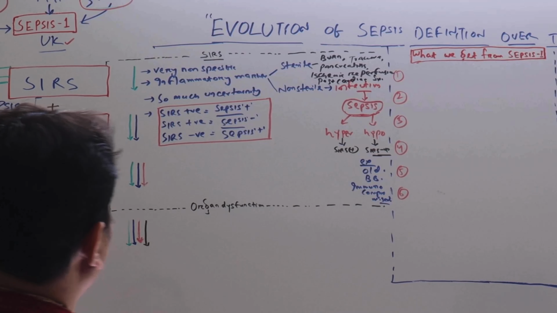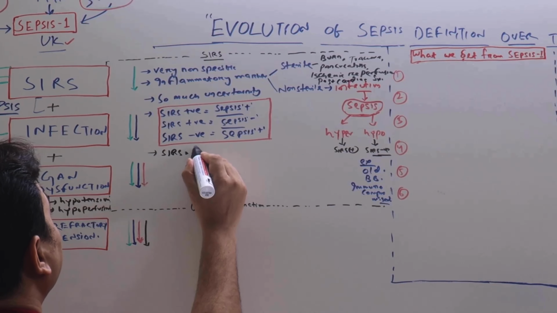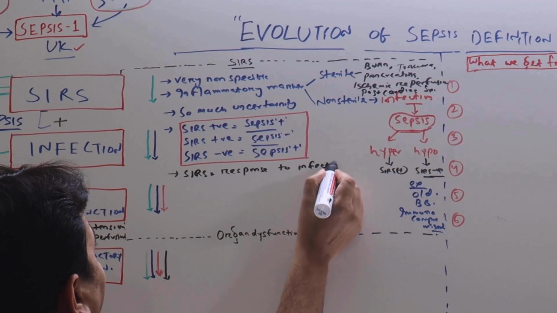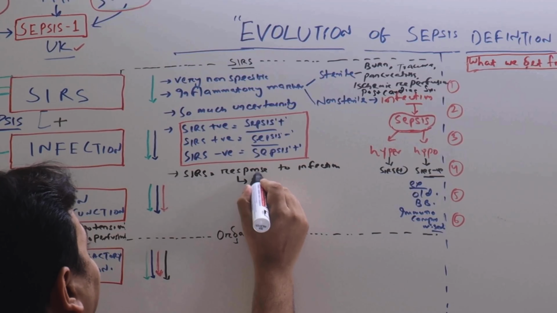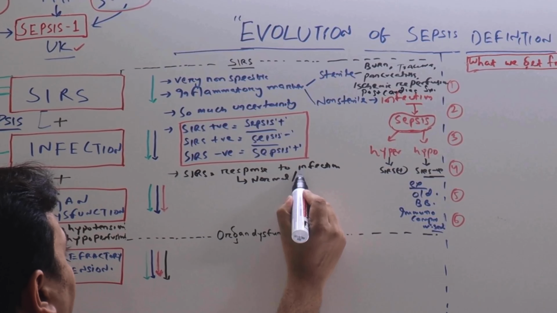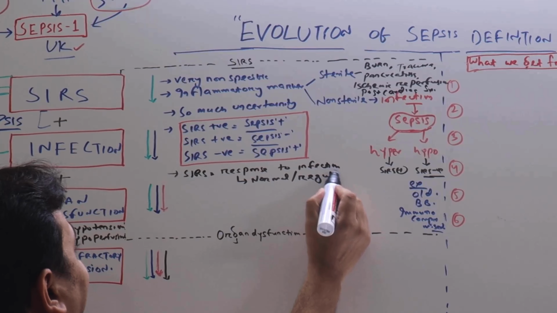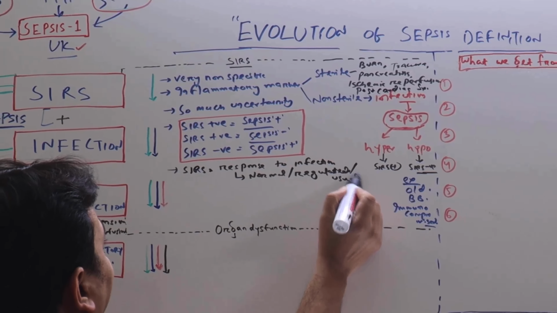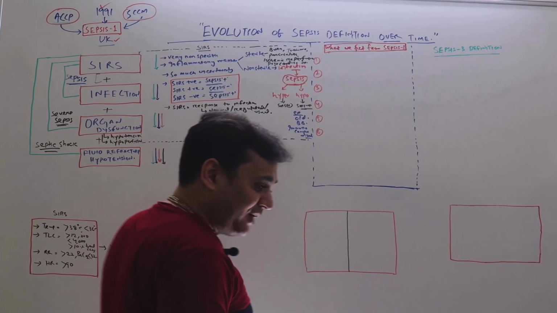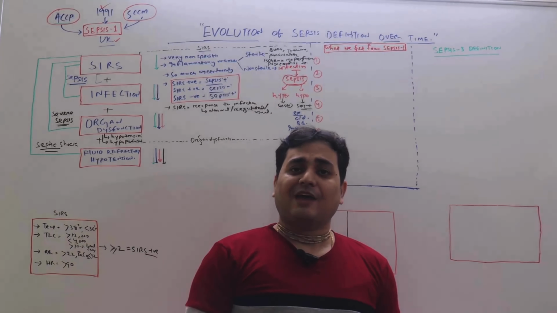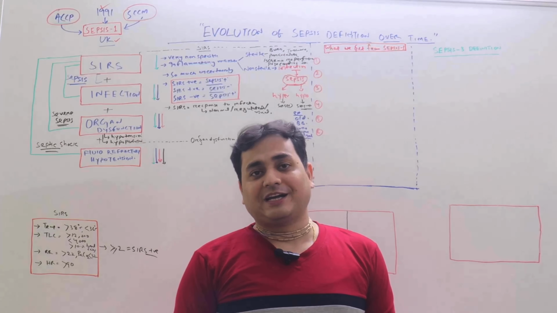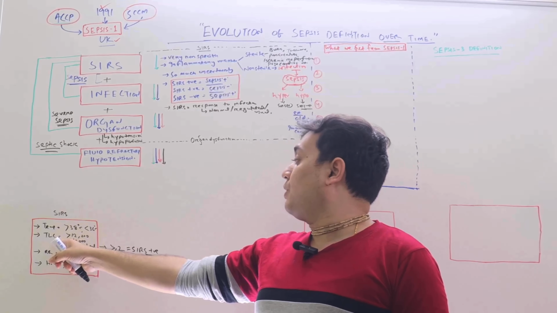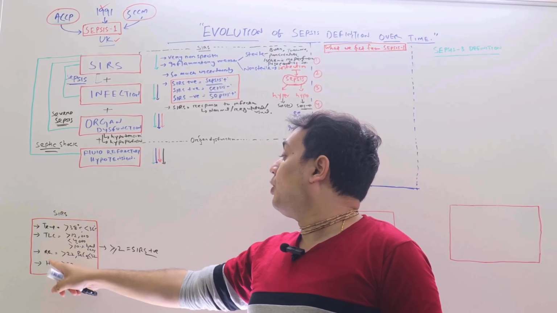So then what is actually SIRS? It is a response to infection. This response is a normal, regulated, or usual response. For example, if I have an infection, I am sitting at home, I have a chest infection or a urinary tract infection, I will have fever, an increase in WBC count, and I may have an increase in respiratory rate or heart rate.